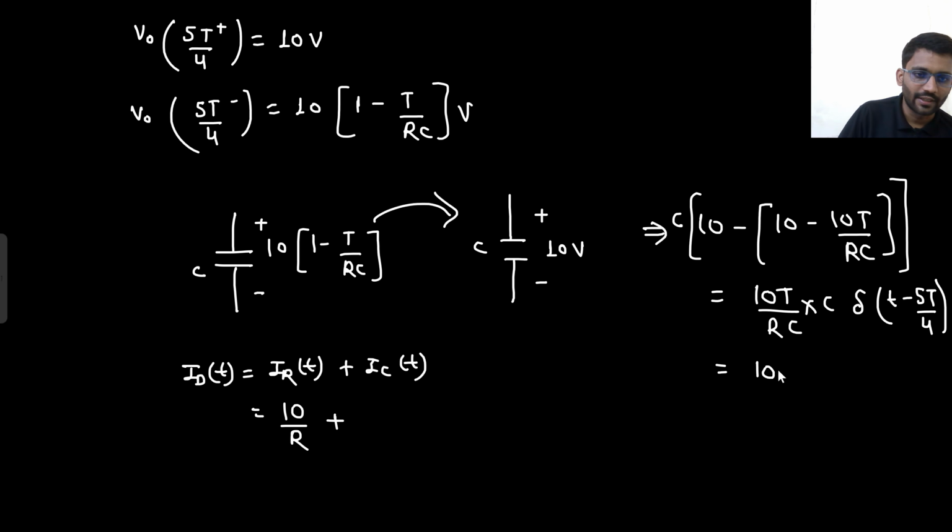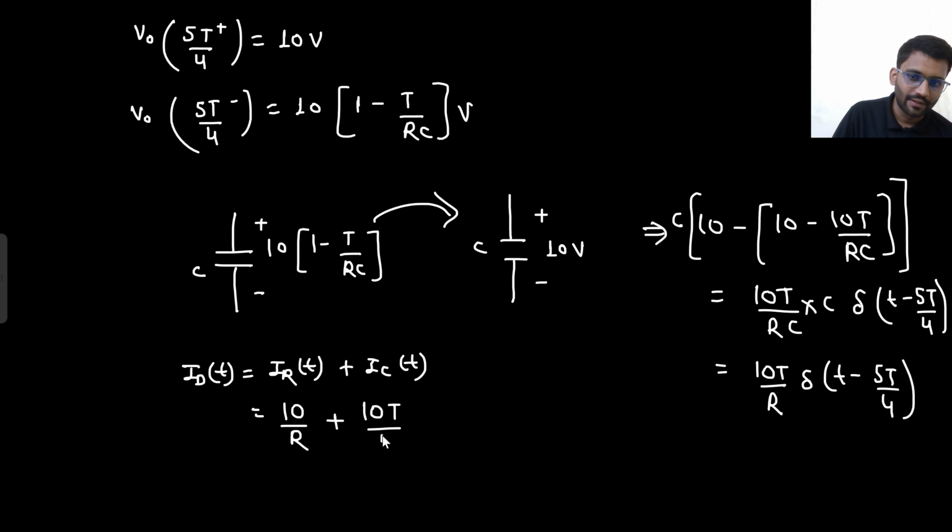So the current is 10t by R delta t minus 5t by 4, plus 10t by R delta t minus 5t by 4.